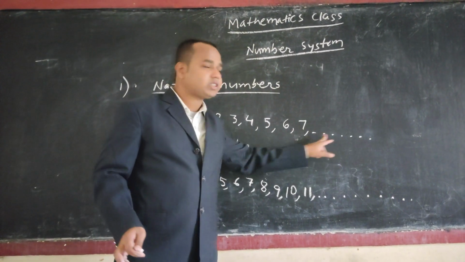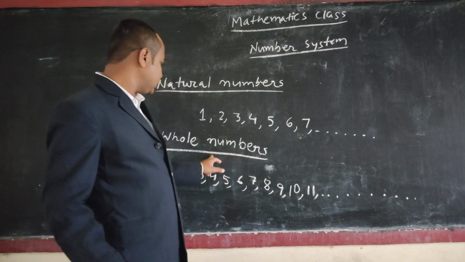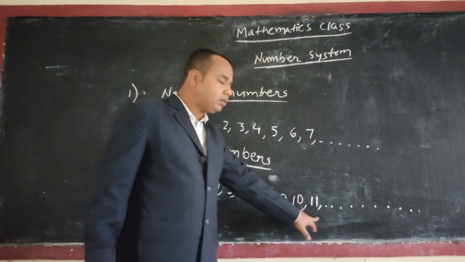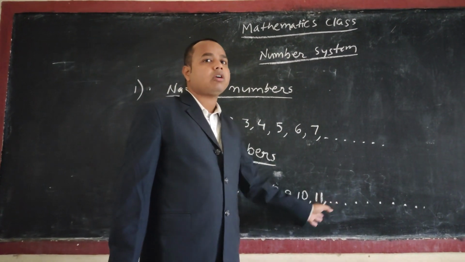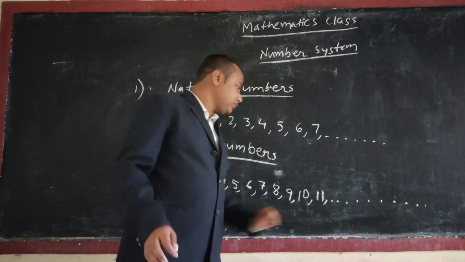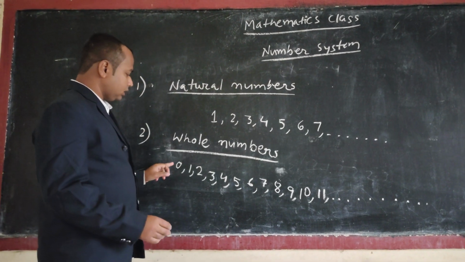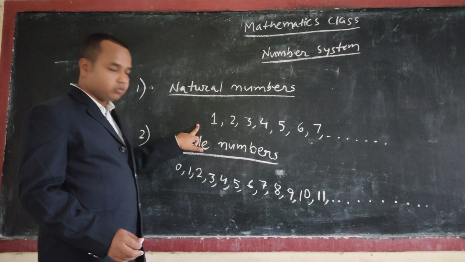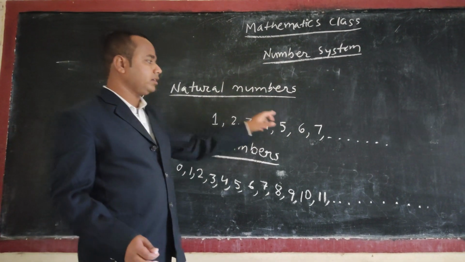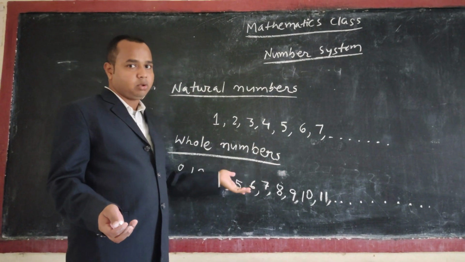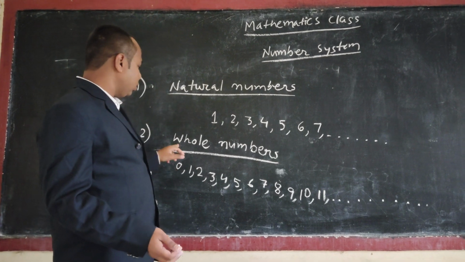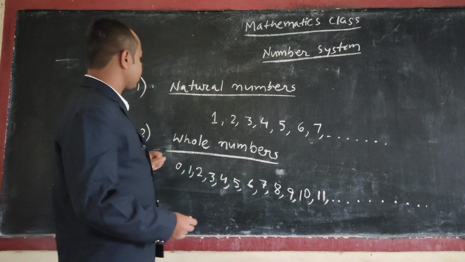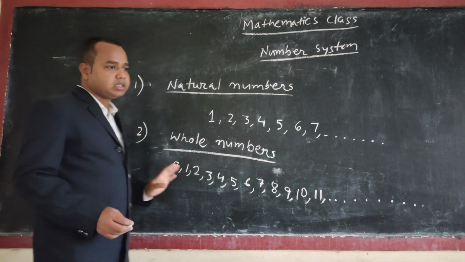That's why the dot dot dot sign is used. So natural numbers start with 1 and there is no end. And whole numbers start with 0.